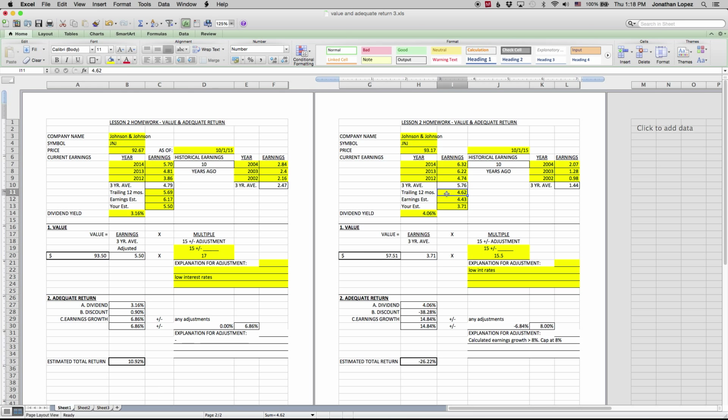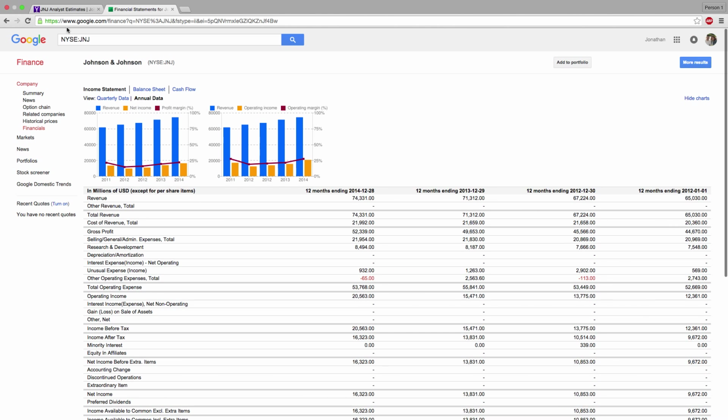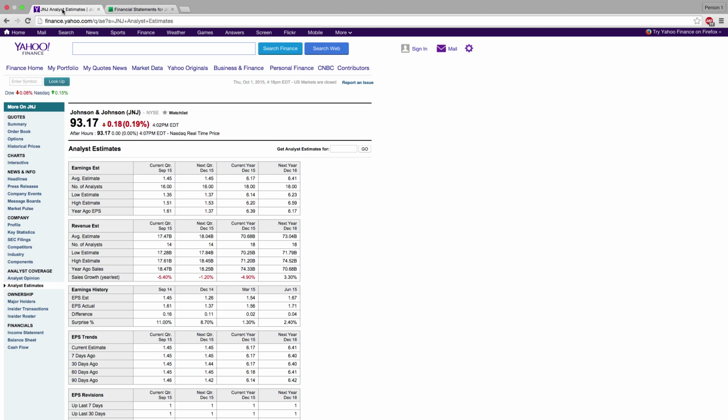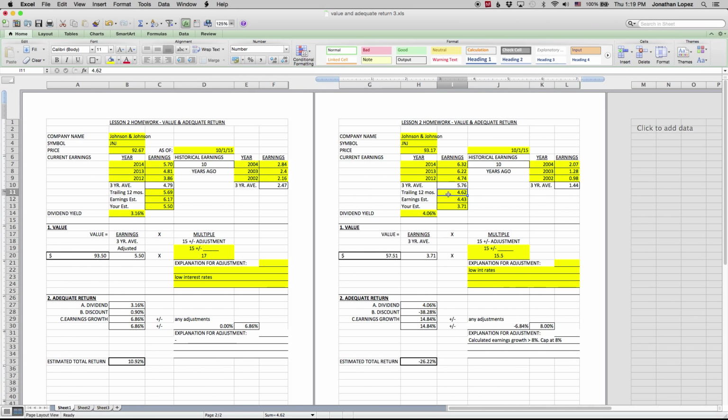So our trailing 12 months, let's go to Yahoo, Johnson & Johnson. This is basically a year ago earnings per share was 6.39. Okay, so let's plug that in, 6.39.